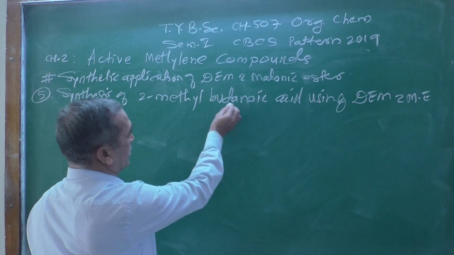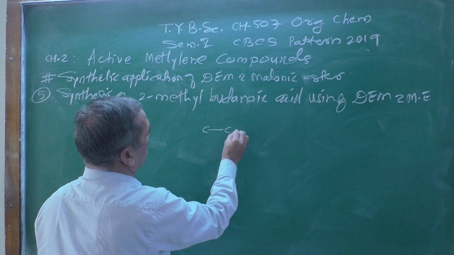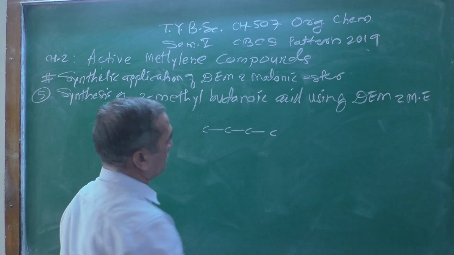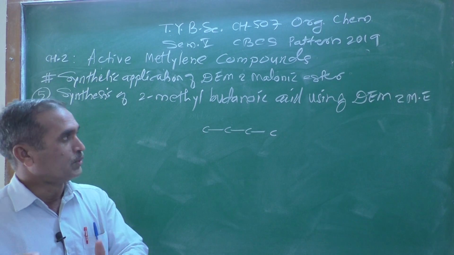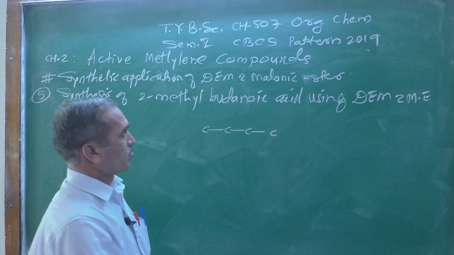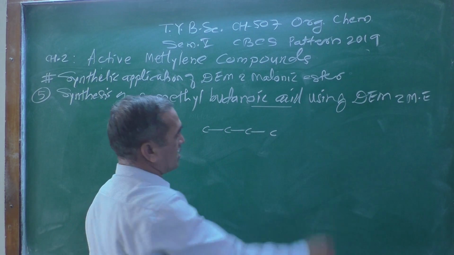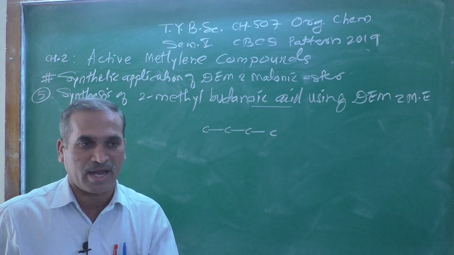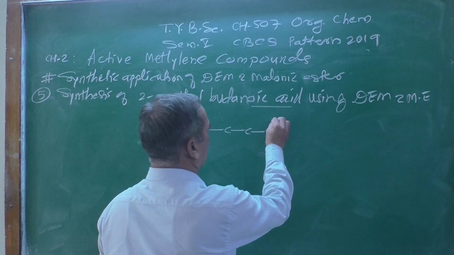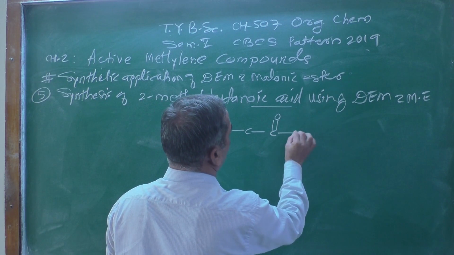Butanoic indicates 4 carbon atoms in a straight chain. Look here. You know that the carboxylic acid group is always present at the end of the carbon chain, so I am writing OH like this.